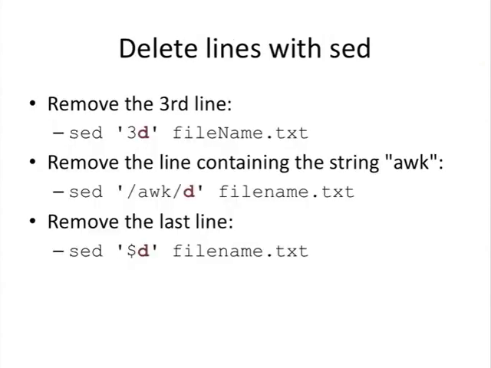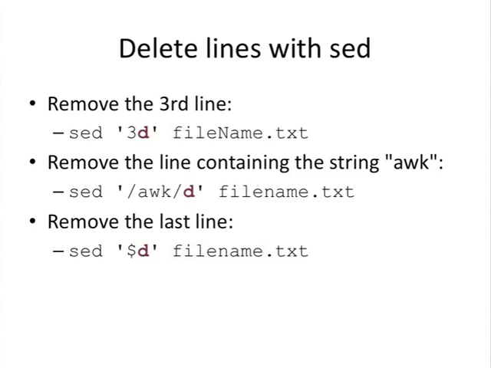Okay, so sed also can delete lines, and it's as simple as just saying the line you want to delete. So you say sed 3d, meaning you want to delete line number 3, and then sed will delete it for you. The same story: it will not modify the original file, you will get the new version of the file on your screen. If you want to redirect it, you can do so, and then move it and change the original file if you need to.